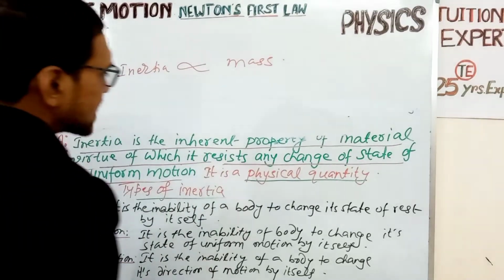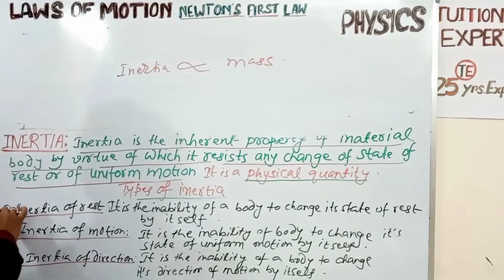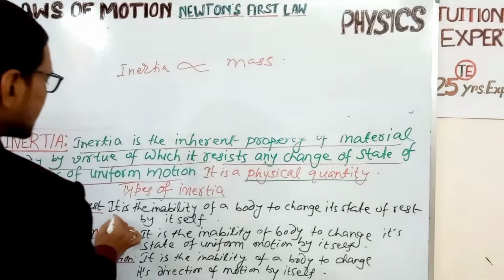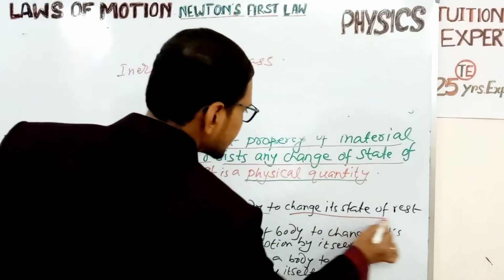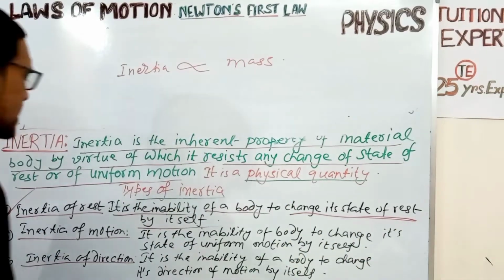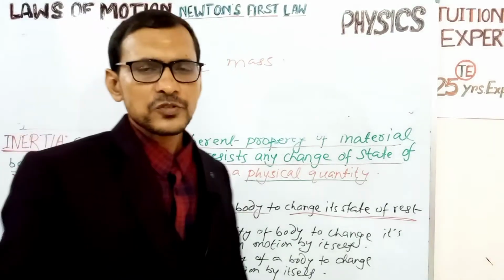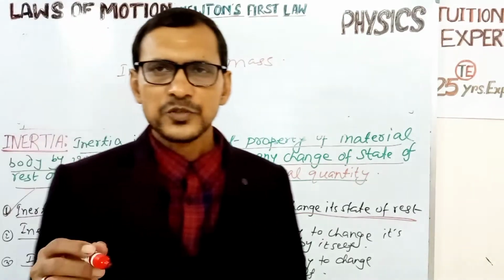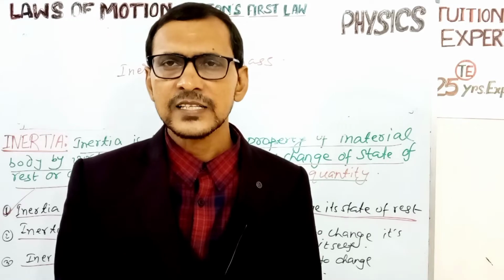Now there are three types of inertia. First, inertia of rest. It is the inability of a body to change its state of rest by itself. What is an example of inertia of rest? Suppose a bus or train starts to move suddenly.